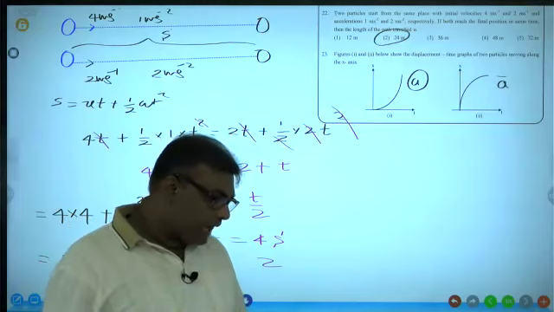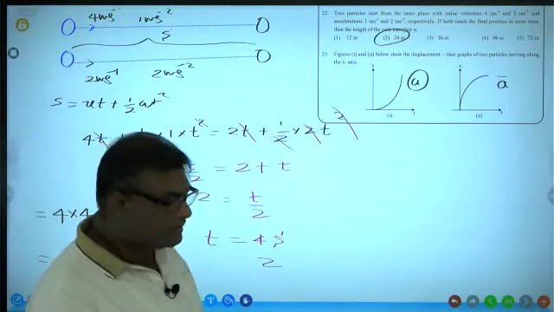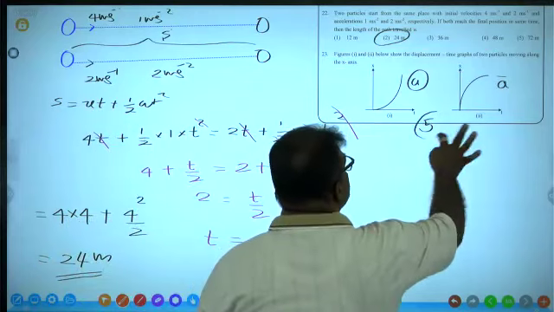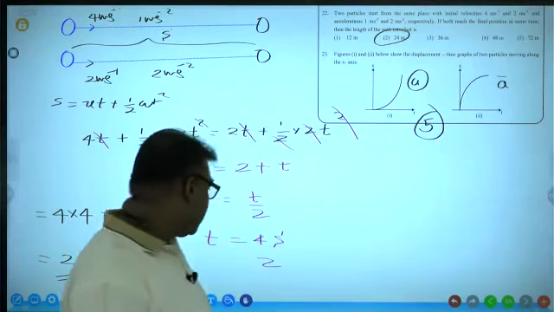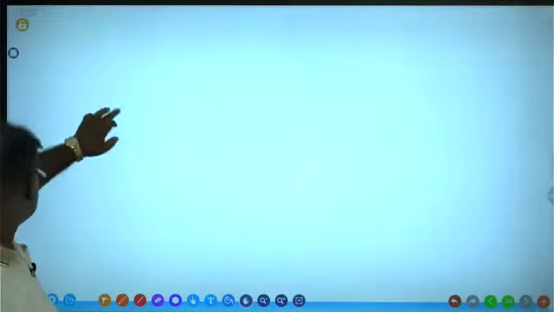Particle 1 is having acceleration and particle 2 is having retardation. Retardation is deceleration. Fifth answer is the correct one. Number 23, clear. Can we check the others?